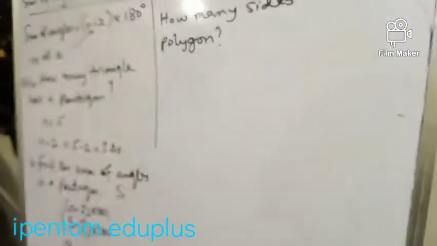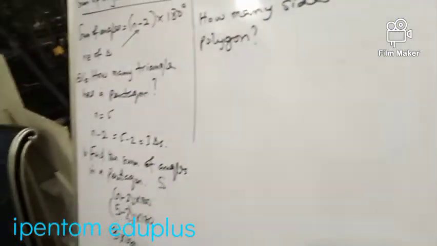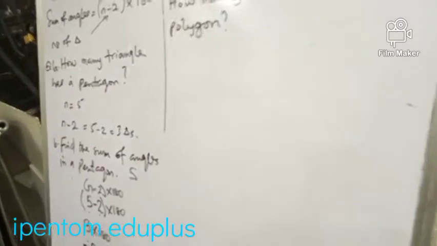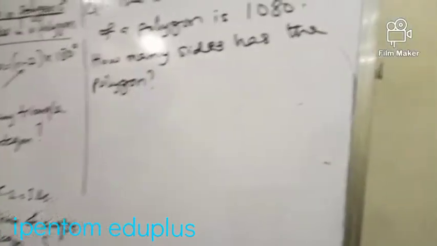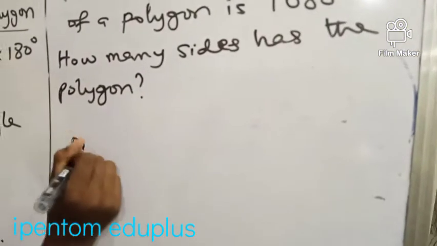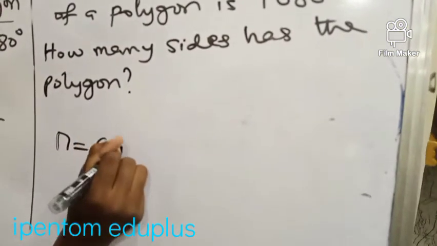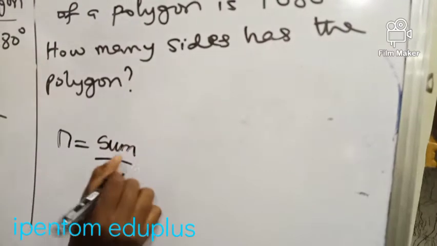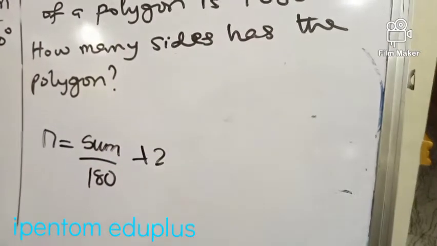We are going to use the formula n, the number of sides, equals the sum of angles over 180, plus 2. So the formula is n equals sum over 180 plus 2. Sorry, plus 2, not times 2.